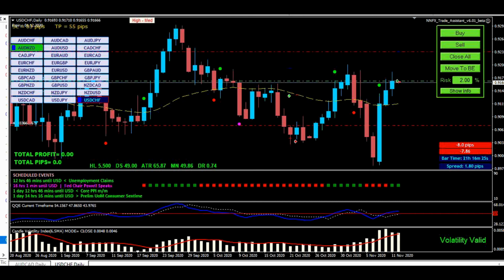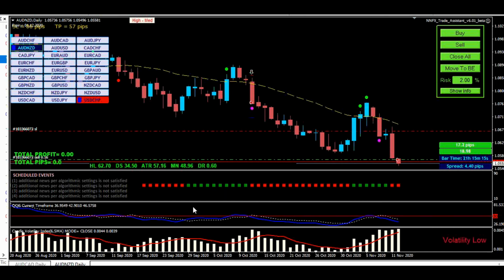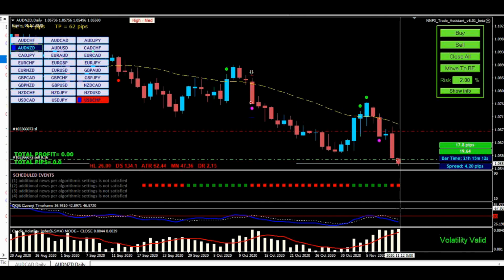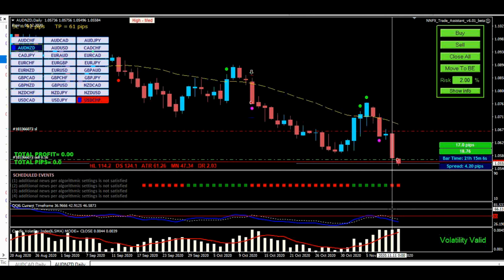Now this chart looks a little bit crazy, I know, because I've got a lot more things on it, but it's basically the same. So earlier today, I took a trade on Audi NIST. So let's take a look at why I took that trade. Okay, so here was this candle that I took the trade on.